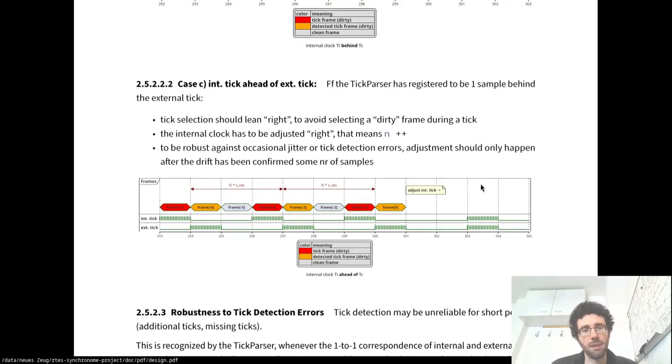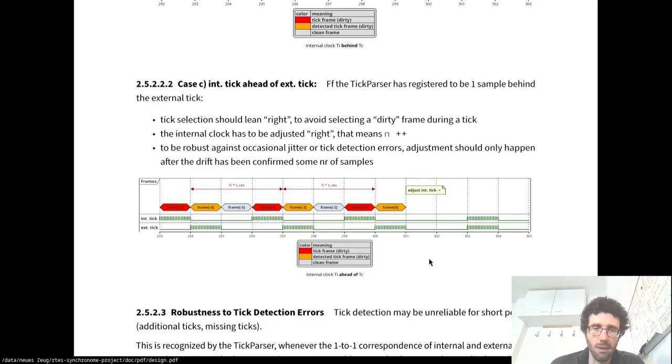This also happens when the internal tick runs ahead of the external tick. And if that happens several times, it will also adjust the frame numbering to counteract this drift.